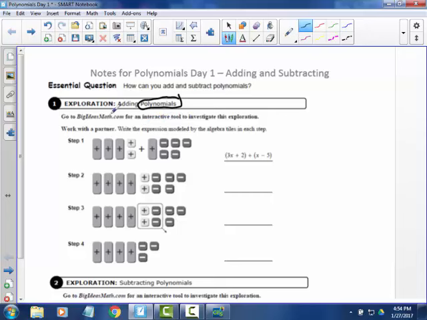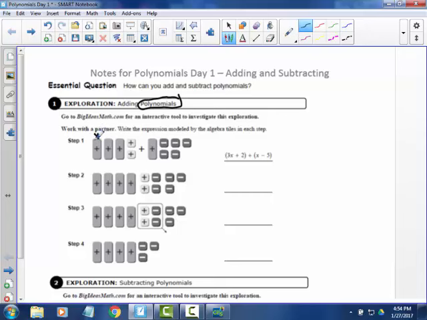So if you wanted to go there on your iPad and just check out, you could actually move these things around and kind of get a feel for them. Okay, so these pictures represent algebra tiles. And basically an algebra tile is just some little pieces that they came up with to help you manipulate equations and kind of get a hands-on approach to mathematics.